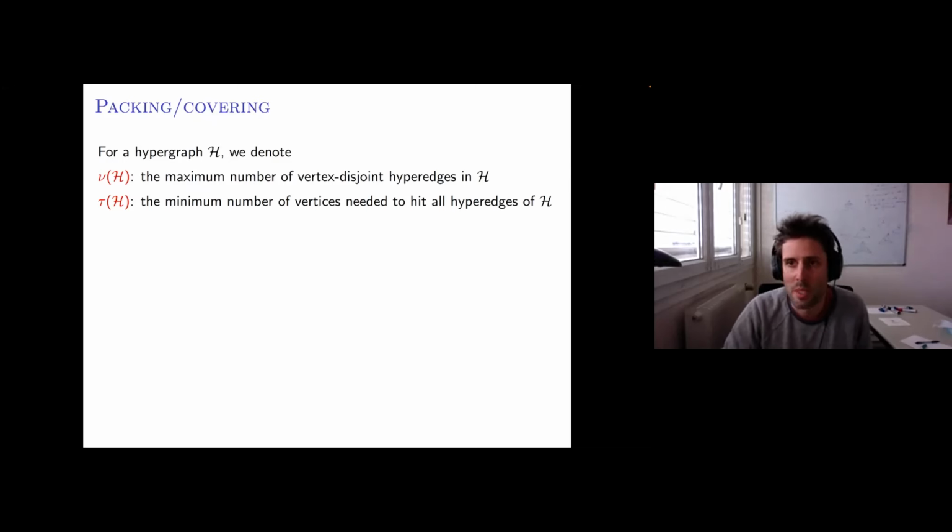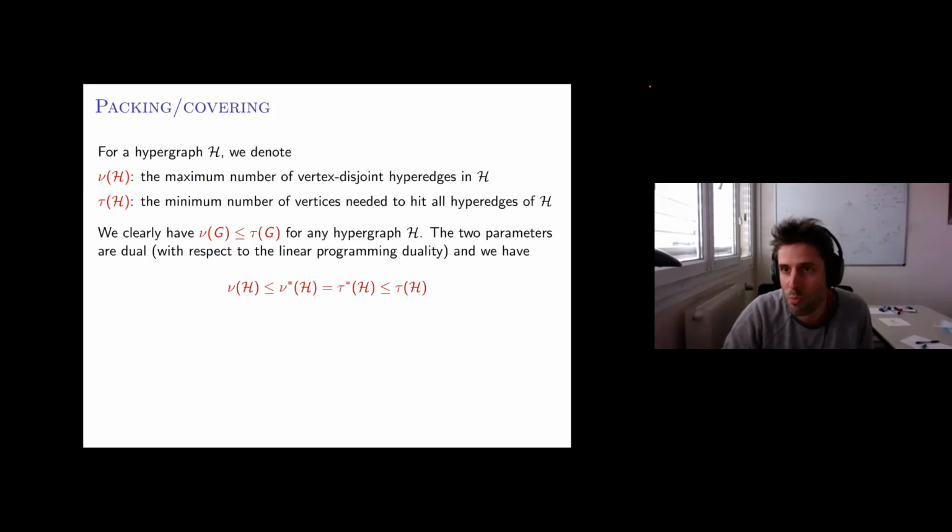Okay, so this is nu and tau, the matching or packing number. I'll always talk about packing and the transversal number, or hitting set. These two are related because if you have k vertex disjoint edges in your hypergraph, you'll need at least k vertices to hit all hyperedges. So tau is always at least nu. But you actually have more than that.